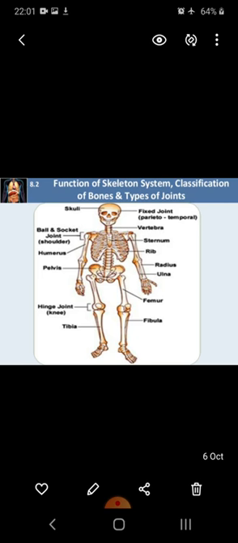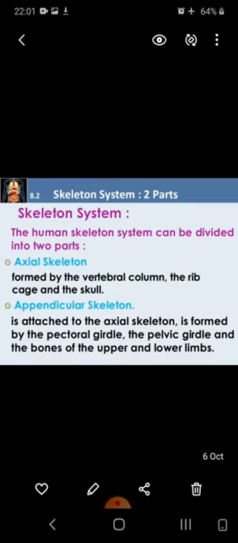The skeletal system can be divided into two parts for better understanding. These are the two parts of our skeletal system, that is axial skeleton and appendicular skeleton.